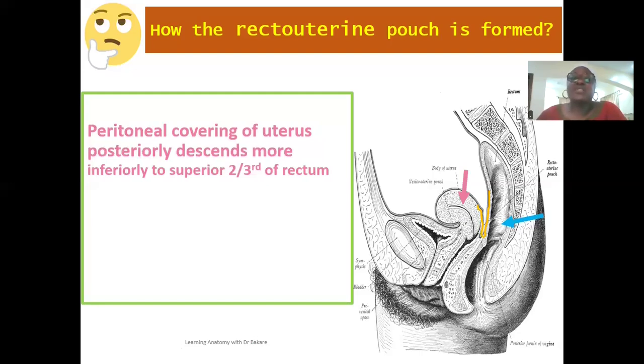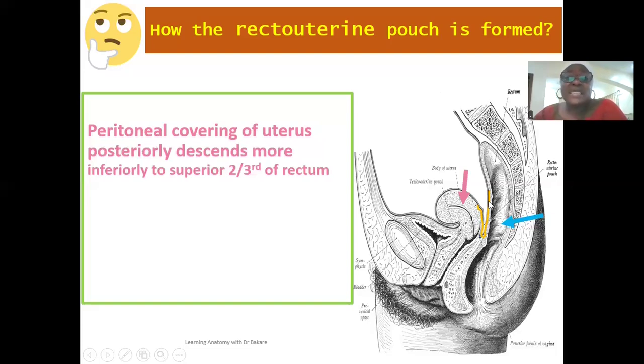So you can refer to this pouch as the rectouterine pouch or the rectovaginal pouch, because the peritoneal covering at this posterior surface of the uterus is seen to also descend further down to the level where we have the vaginal fornix. And this pouch is also referred to as the pouch of Douglas. So you see it then folding back over itself, forming a double layer of peritoneum around the space. And this is where it is finally seen to then line onto the anterior surface of the rectum.